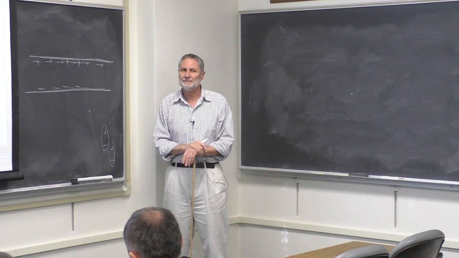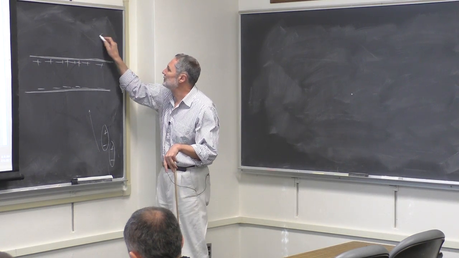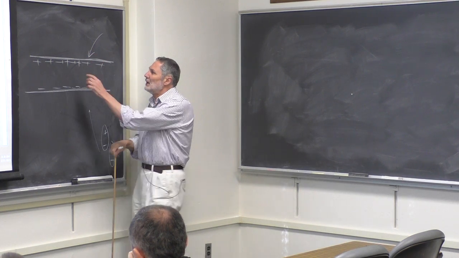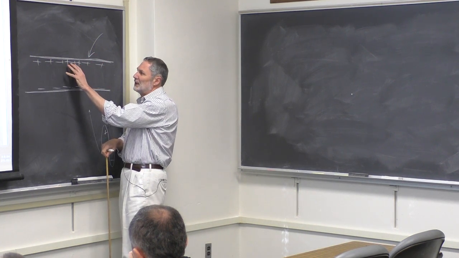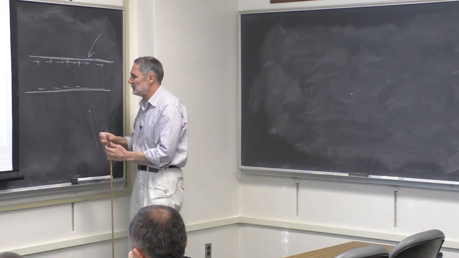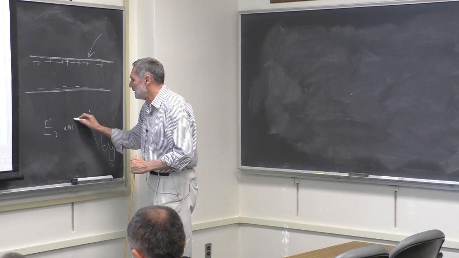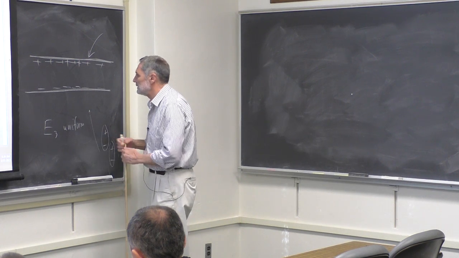What is it? Remember, we also have free charge on top here. What's the free charge going to do? Well, it's going to bring this down. E3 has to be uniform because of the potential difference. It has to be the same everywhere.